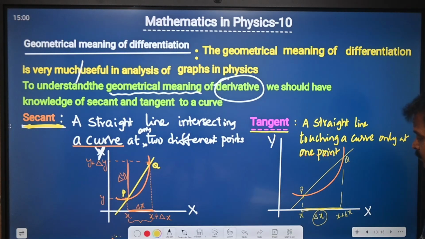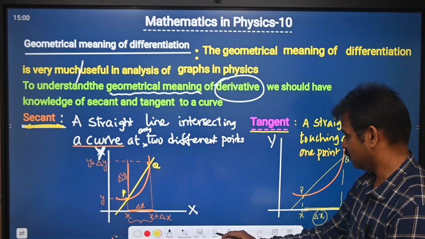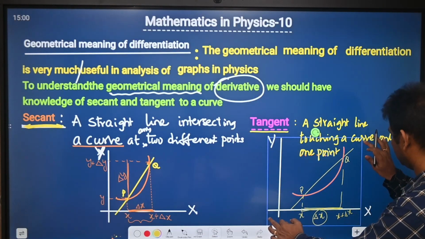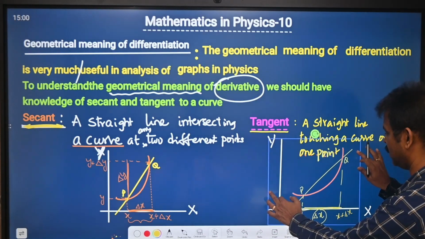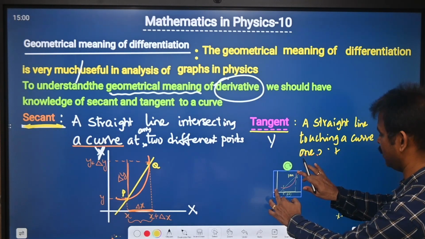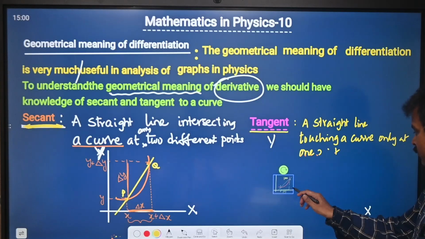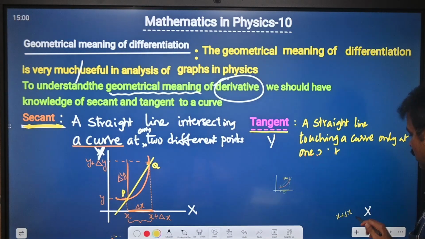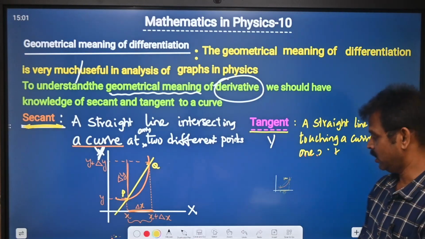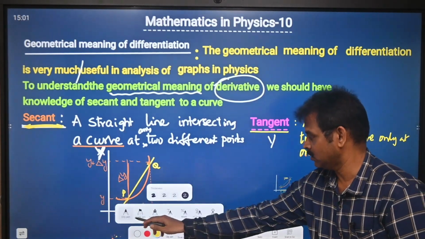So I am reducing this delta x to a very small value, then this diagram can be redrawn like this.